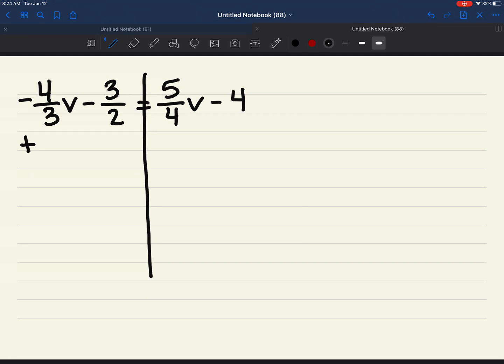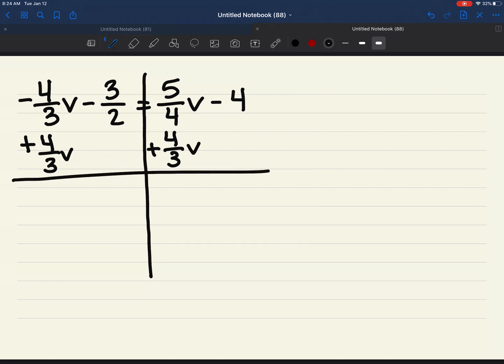Okay? So, we chose -4/3 because isn't -4/3 smaller than 5/4? Yes. So, move the one that has the smaller number. Again, it doesn't matter if you choose the other one, but it's just going to make it easier for you later. Okay? So, do those 4/3 cancel? Yes, because they're opposites.